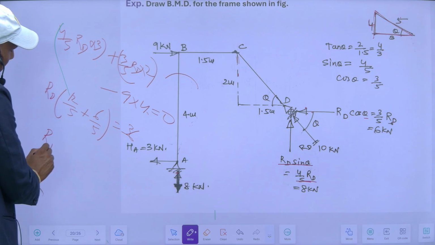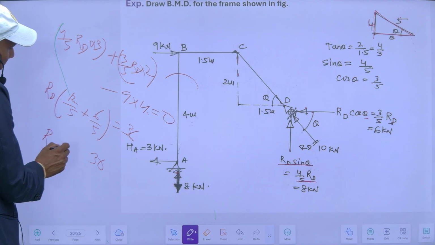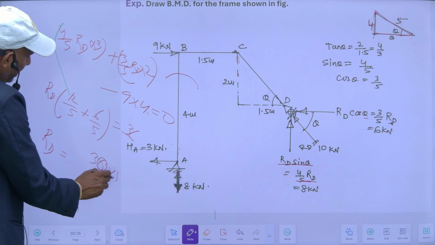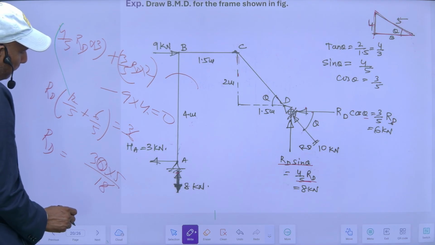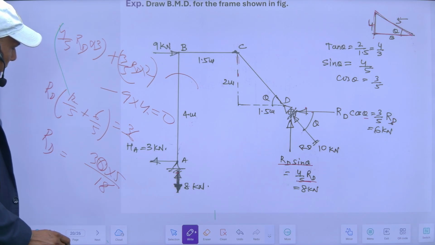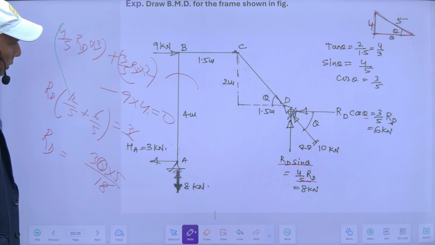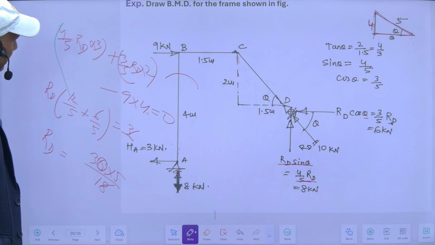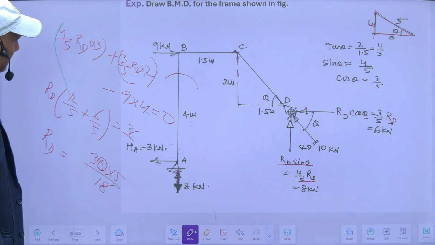So 4 by 5 Rd into 3 plus 3 by 5 Rd into 2 is equal to 9 into 4, 36.